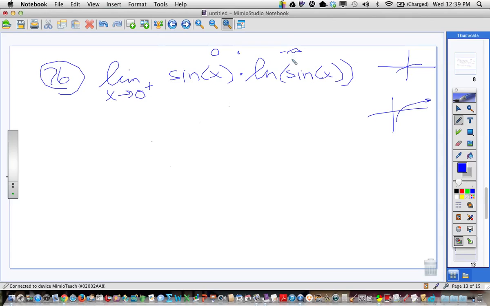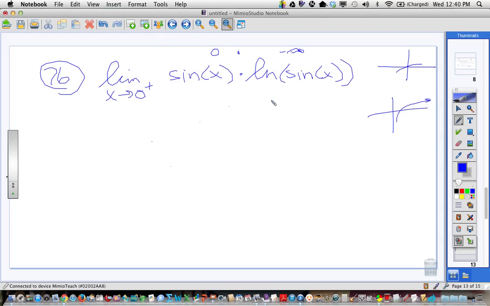So this is a 0 times infinity situation. That's how you do it with a composite function: you do the inside, see what it's approaching, and then those outputs are the inputs for the outer function. The outputs of sine are coming down toward 0 from the positive side, so those are the inputs of ln. We want the inputs to approach 0 from the positive side, and that's negative infinity. So that's the thought process there.